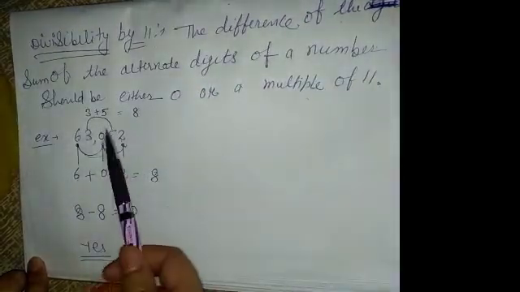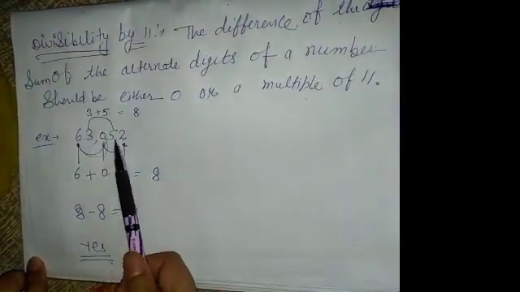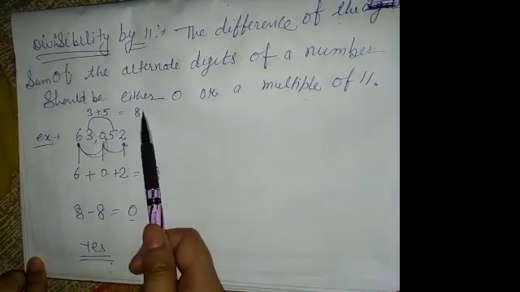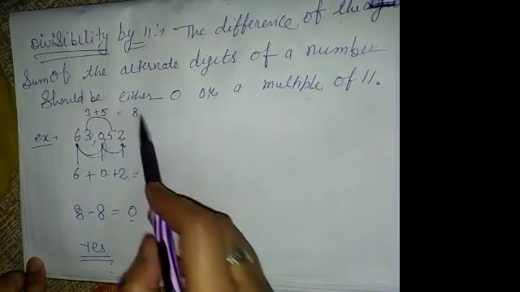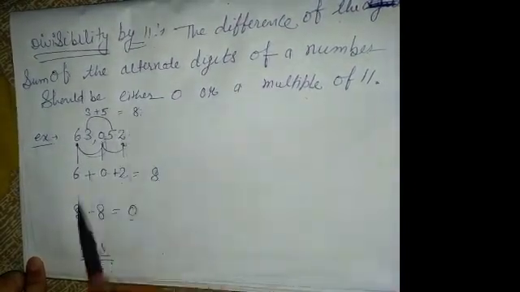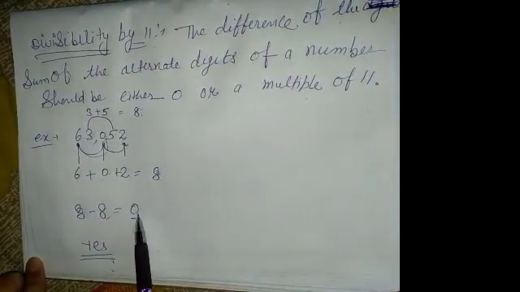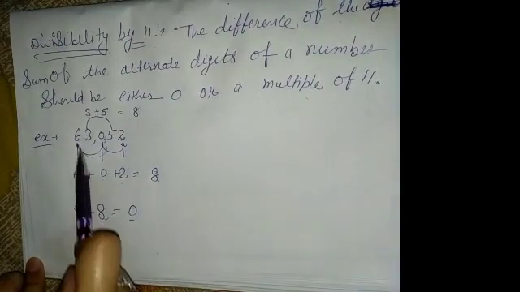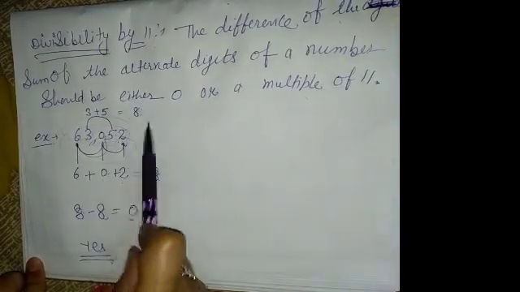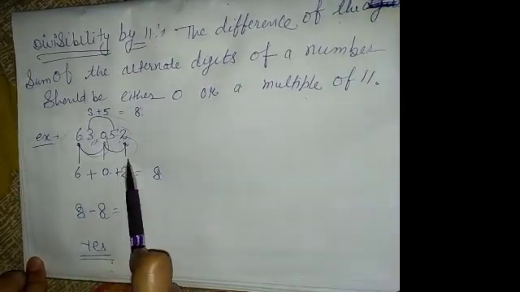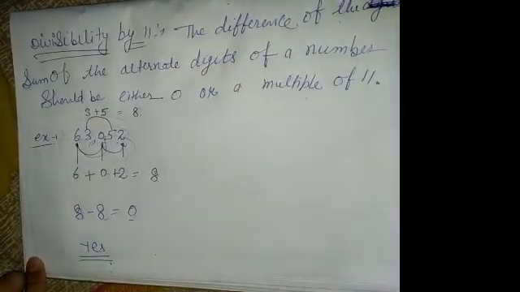Now the leftover digits, 3 and 5 were left, add these two. 8. Means you have to add leaving one digit each time. I got 8, 8, 8. 8 minus 8 is 0. So we can say that this number is completely divisible by 11.